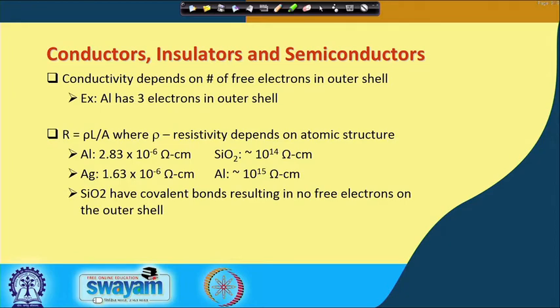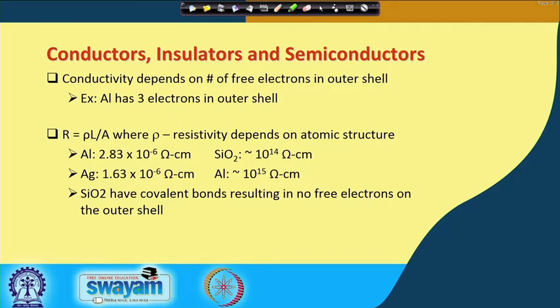Electricity gets conducted because there is movement of electrons. There is a movement of electrons from one point to another, in a certain direction, and we said that the current flows in a direction opposite to the movement of electrons. That is how electrical conduction happens, through movement of electrons.